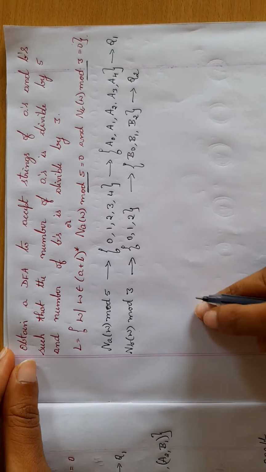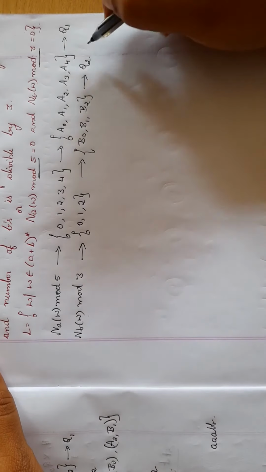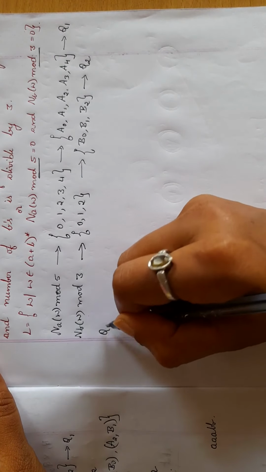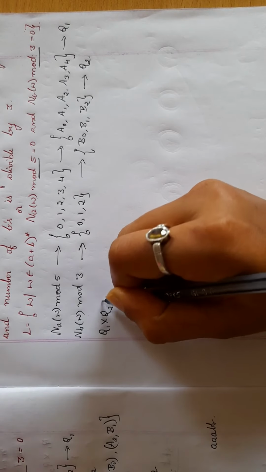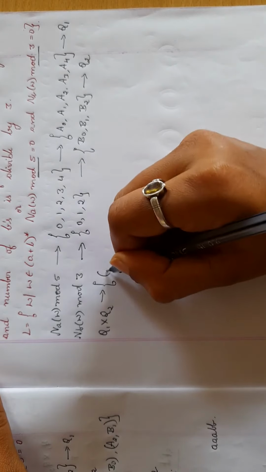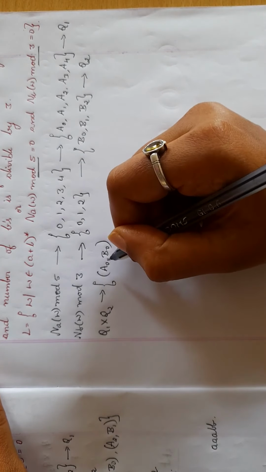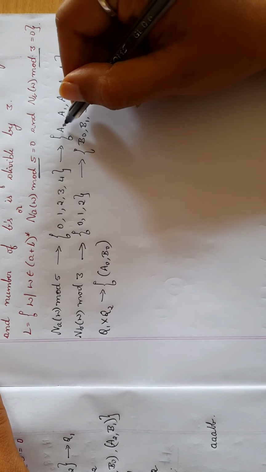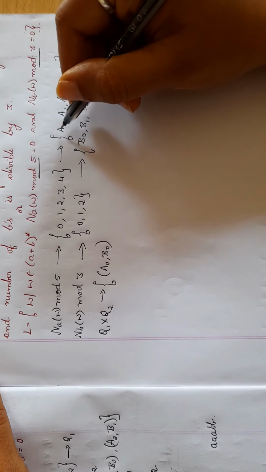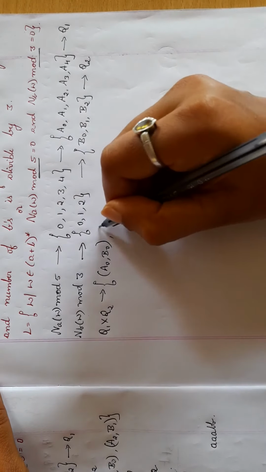What are the different combinations that you can have? Different combinations of Q1, Q2: A0, B0, A0, B1, A0, B2.